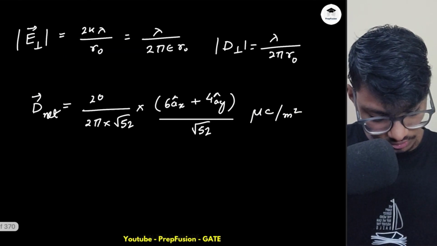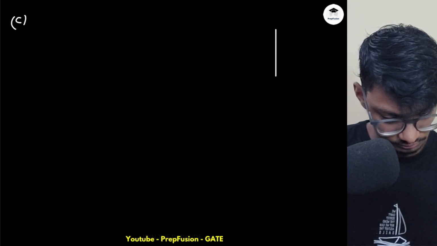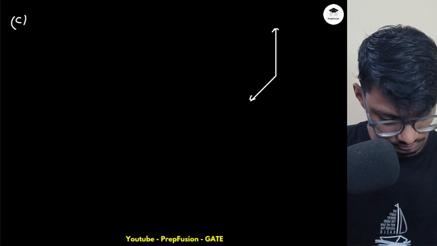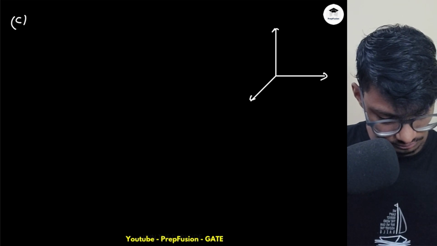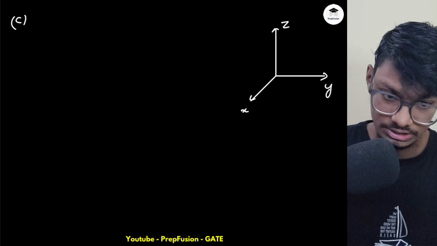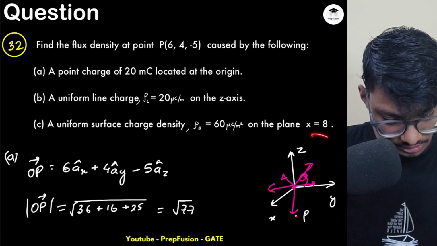So again, if I draw the coordinate axis, xyz, and it lies on the plane x equals to 8, that means the yz plane.